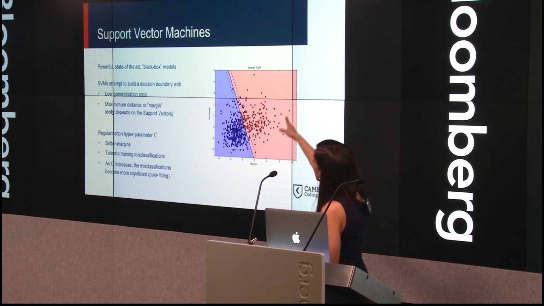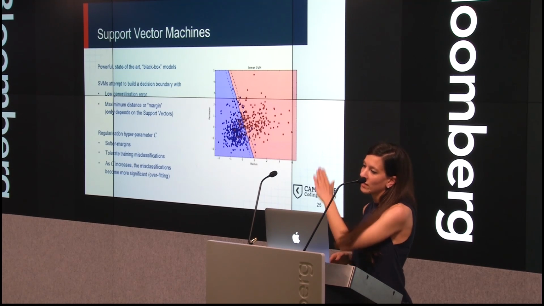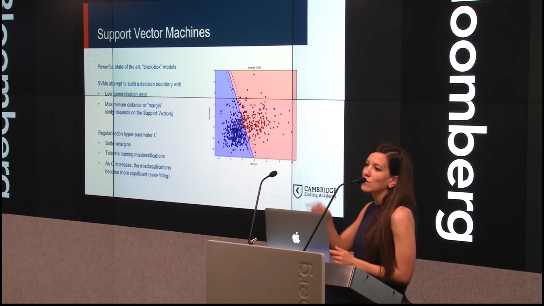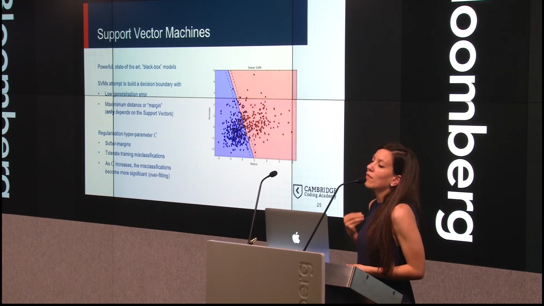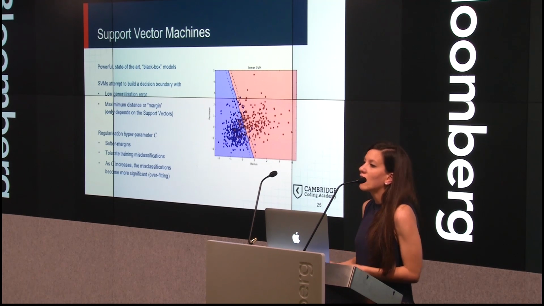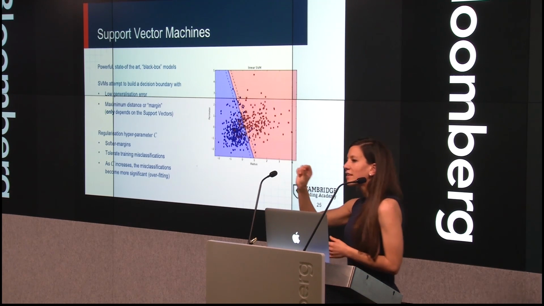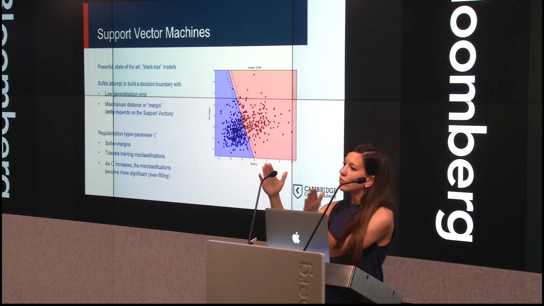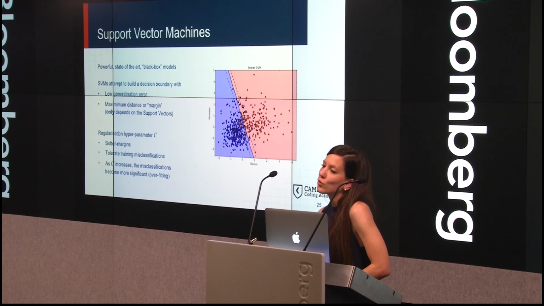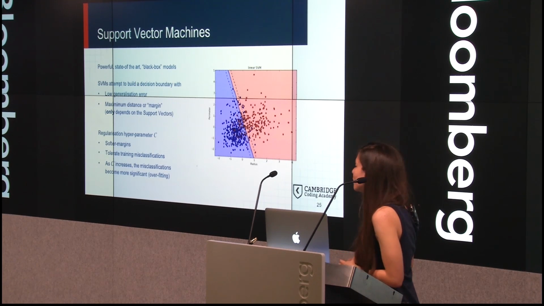So we can imagine that we can split this region using as many planes, as many lines as possible. But we're trying to find the optimal line, or the optimal hyperplane, that accurately separates these two regions by using only this subset of samples that are closely found to one another. These are the ones that are termed support vectors.